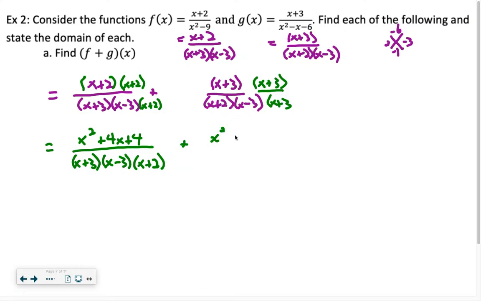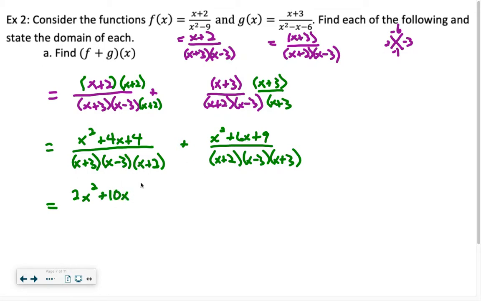So here I'll have x squared plus 6x plus 9 over that same denominator, x plus 2 times x minus 3 times x plus 3. And then if I combine like terms, I'll have 2x squared plus 4x and 6x would be 10x, plus 4 and 9 would be 13, all over x plus 3 times x minus 3 times x plus 2.